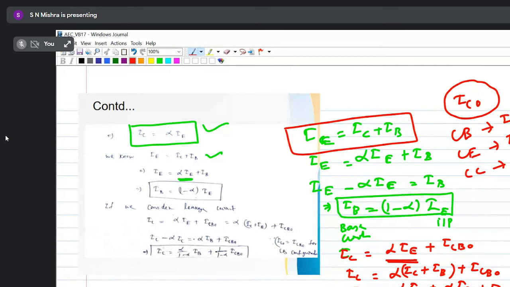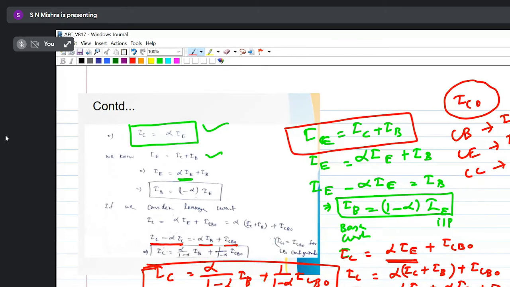If I take it one side, IC minus alpha IC equals alpha IB plus ICBO. Then you take common 1 minus alpha and divide on the right hand side. What will we get? IC equals alpha by 1 minus alpha into IB plus 1 by 1 minus alpha into ICBO. Okay.